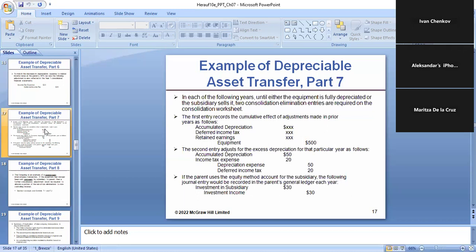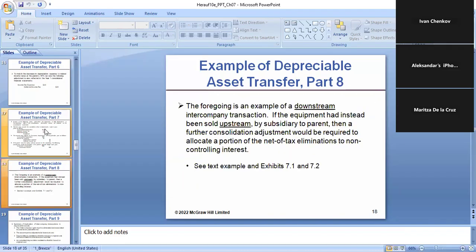Those are the adjustment entries that we have to do for those depreciable assets. And again, this example is for downstream, when the parent sells to the subsidiary.